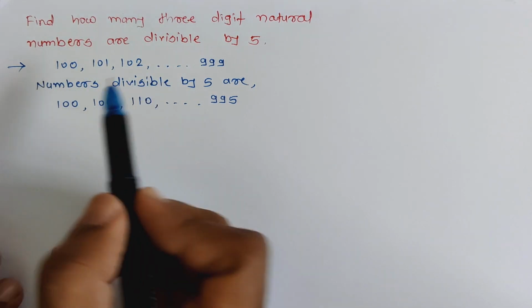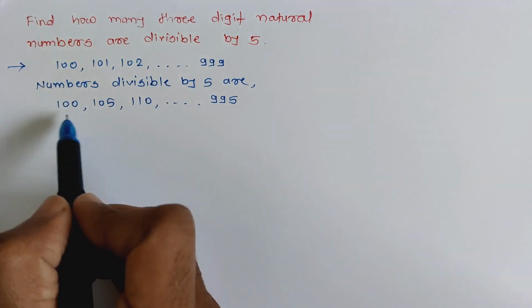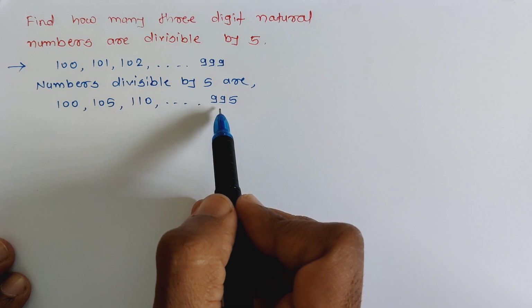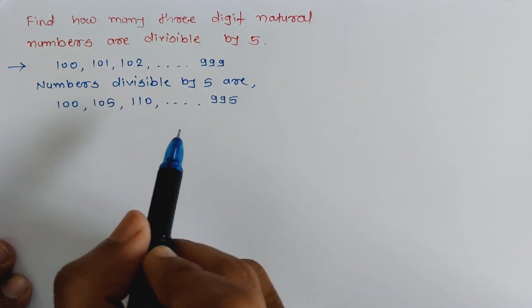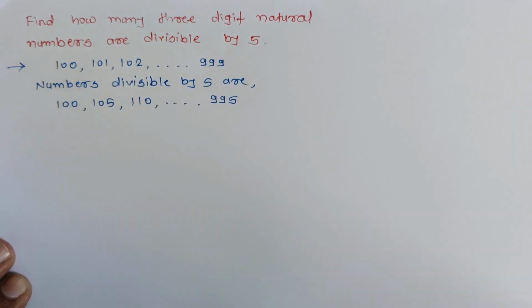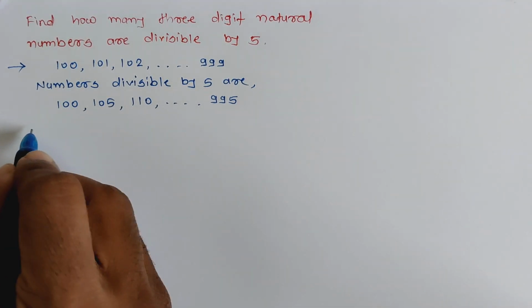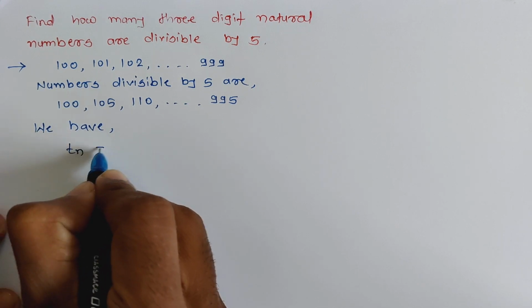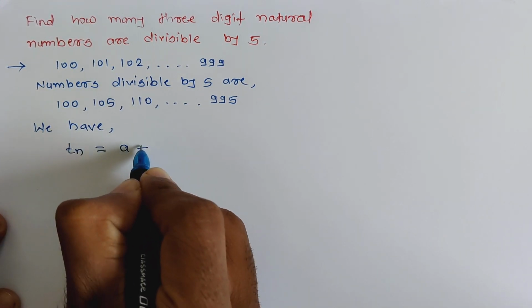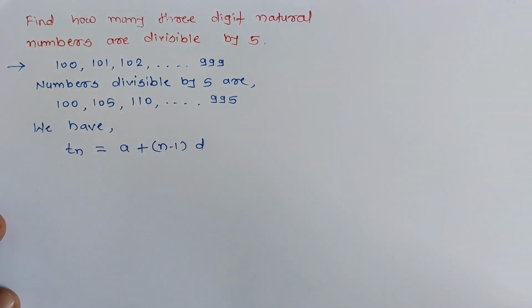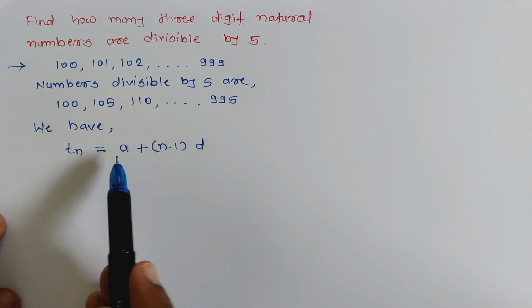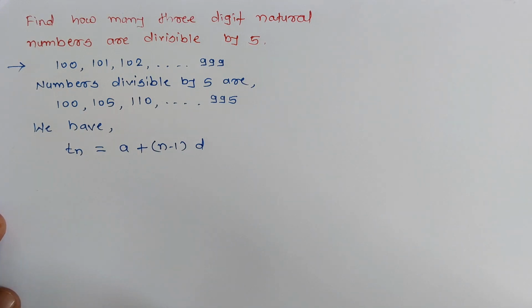So we have to count these numbers 100 to 995, and here we are going to use the formula for the nth term of an AP. So we know the nth term of an AP is denoted by Tn is equal to a plus n minus 1 into d, where a is the first term and d is the common difference.